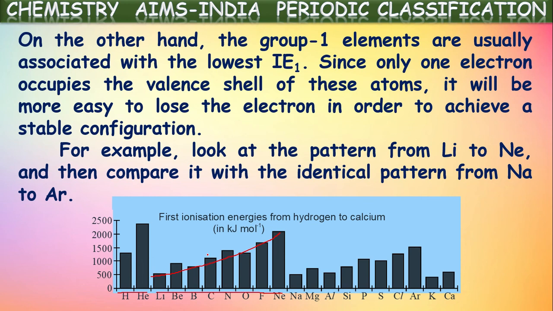There are some exceptions which we are going to learn in further classes. And if you see the third period elements, from sodium to argon, here also there is a gradual increase. So from this we can say, in a period, in general from left to right, ionization potential increases because the size of the atoms is decreasing.